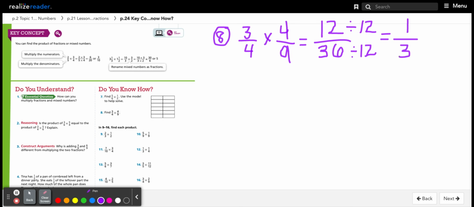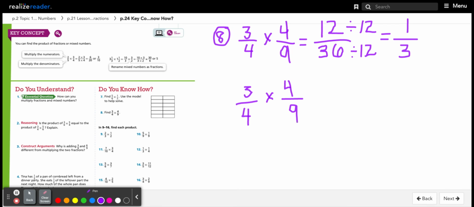So now we could have solved this multiplying fractions problem by simplifying before multiplying. If we simplify before we multiply, that means we are going to be looking on the diagonal for one numerator and one denominator that I can simplify by the same number.